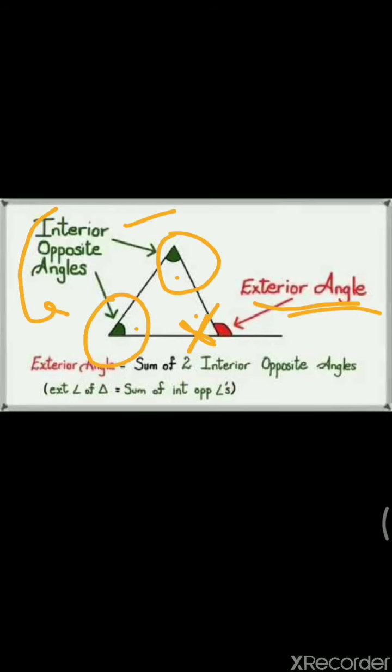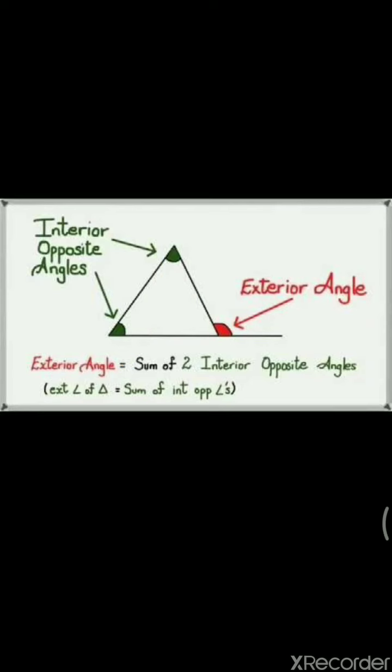These are called interior opposite angles with respect to this angle. And sum of the two interior opposite angles. If you add these two interior angles, you will get this. What is exterior angle property? Exterior angle of a triangle is equal to sum of the interior opposite angles.